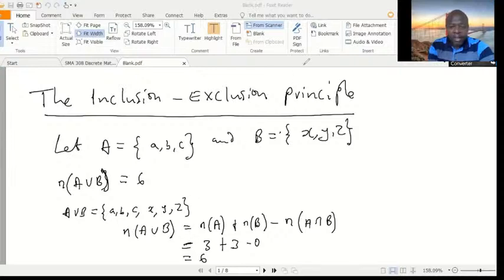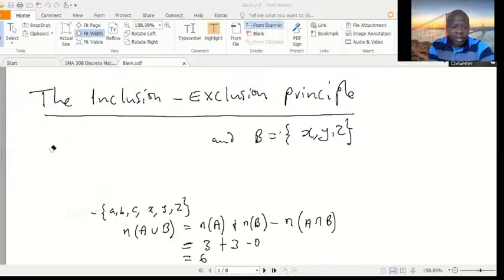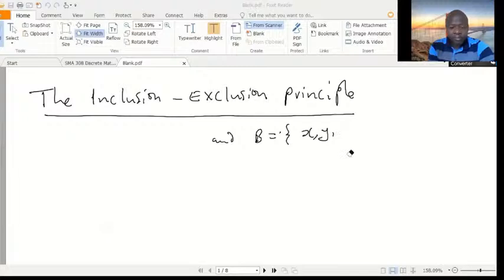Let me just use another example. Let me erase this first of all and look at another example. We're still looking at the Inclusion-Exclusion Principle.